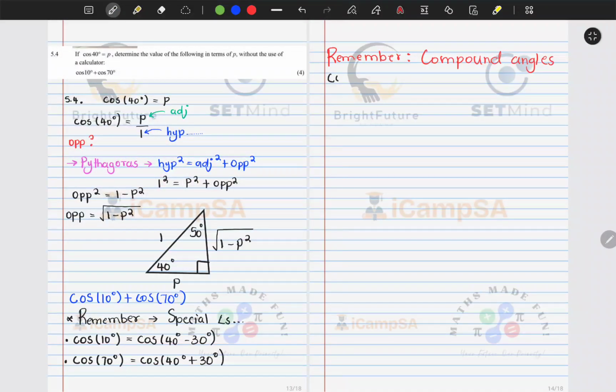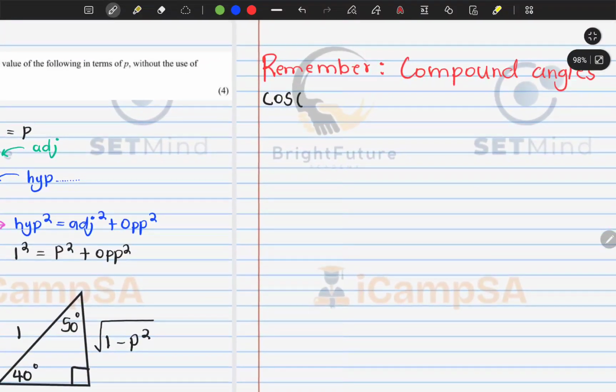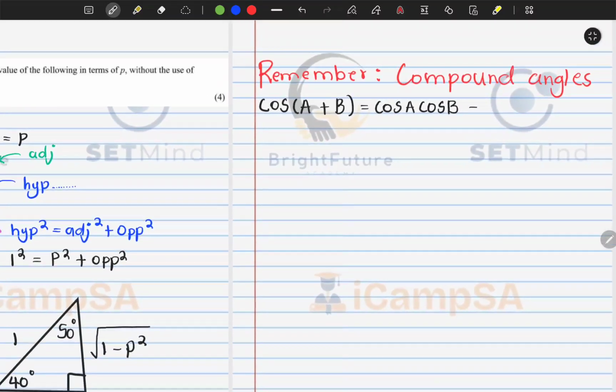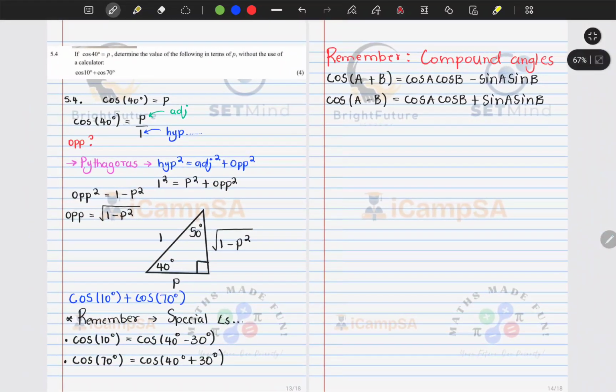The ones we need for this are cos of A plus B, which is the same as cos of A cos of B, then minus, very importantly, sine of A sine of B. Then we also need cos of A minus B, which becomes cos of A cos of B plus sine of A sine of B.